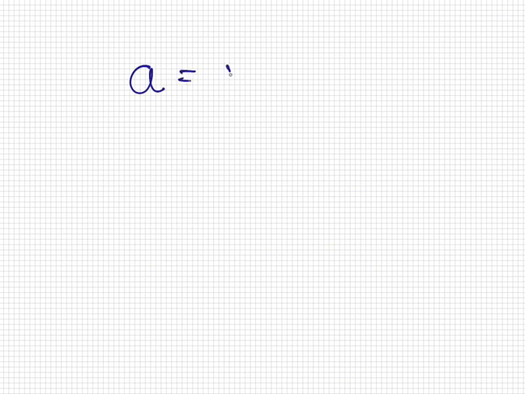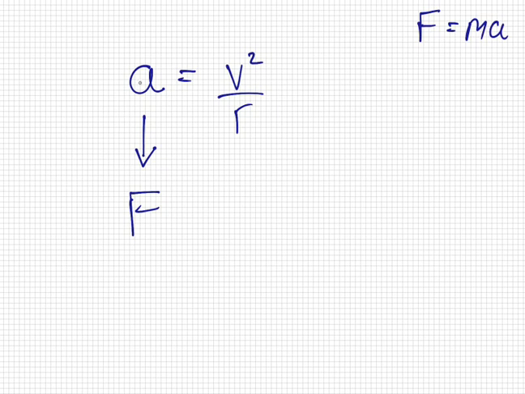It is v squared over r. Now, how can I make this acceleration into a force? Well, what's Newton's second law? F equals ma. So if I multiply this by m, it becomes F.